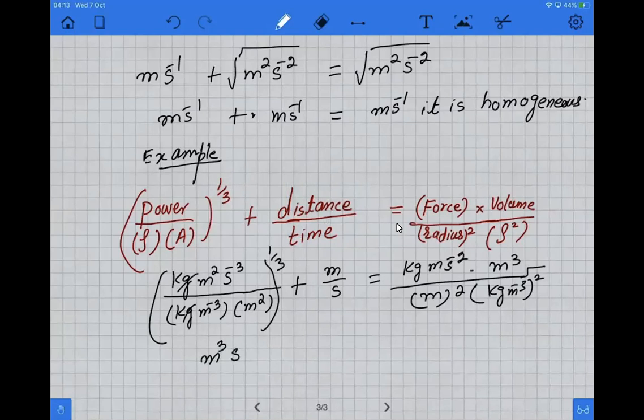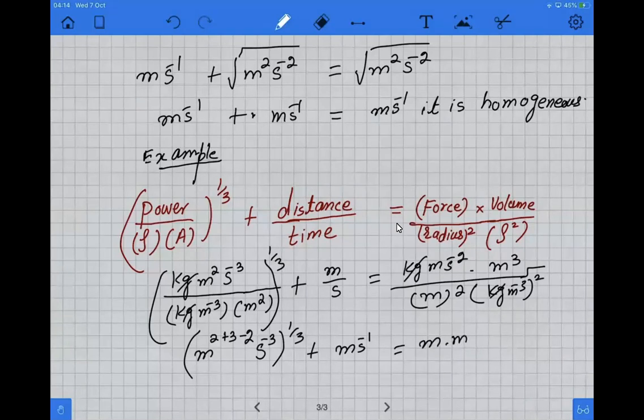After simplifying this, it would become meter power 2 plus 3 minus 2 second power minus 3 whole power 1 by 3 plus meter per second is equal to, on the right hand side what you will get, kilogram is cancelled out with kilogram, and what you get is meter into meter cube into meter minus 2 into meter plus 6 second minus 2.